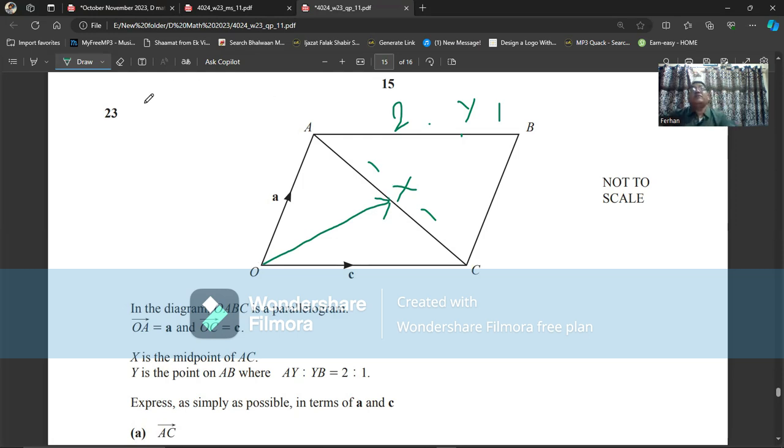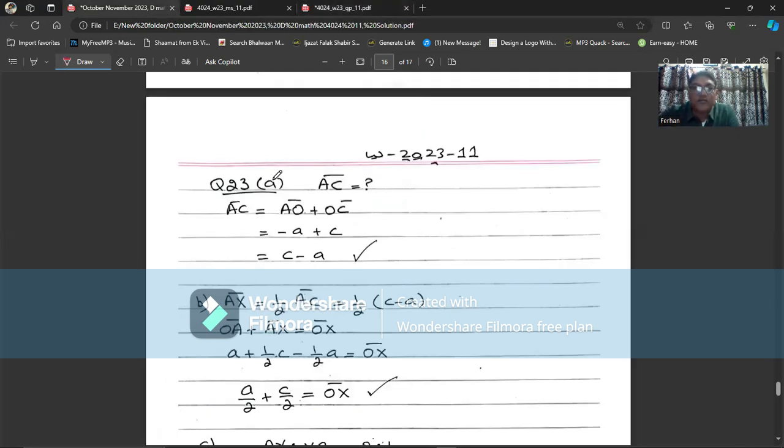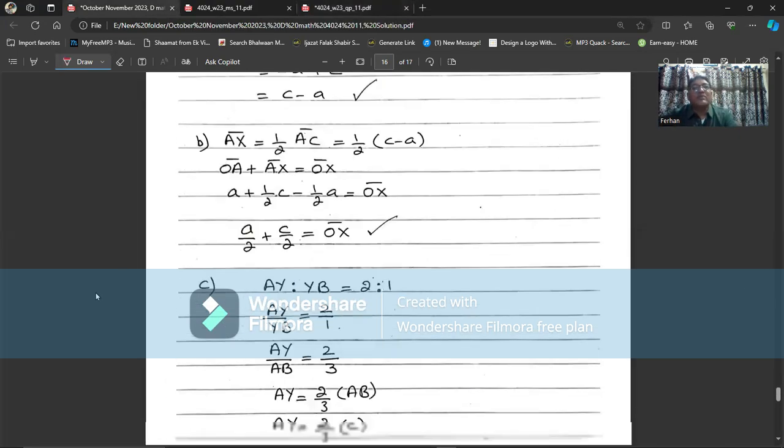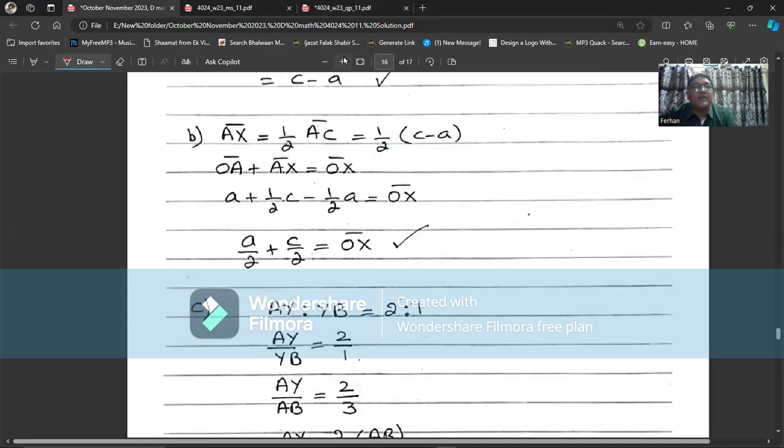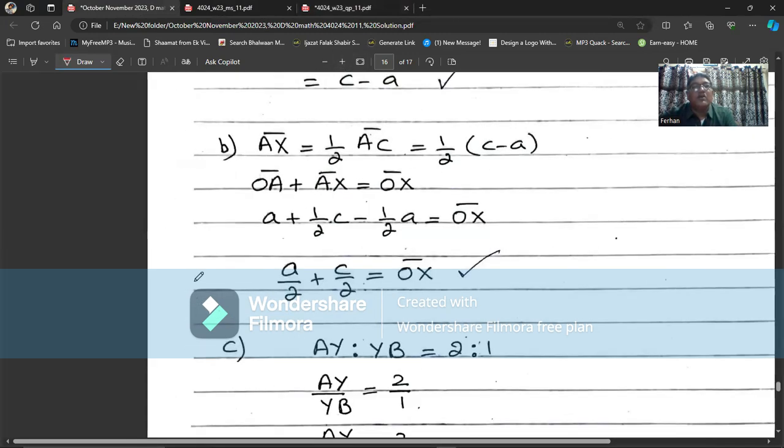AX divided by AC will be equal to 1 divided by 2. That is their ratio. So AX will be equal to 1 by 2 of AC, and we know the AC value, it is C minus A. So AX will be 1 by 2 of C minus A.